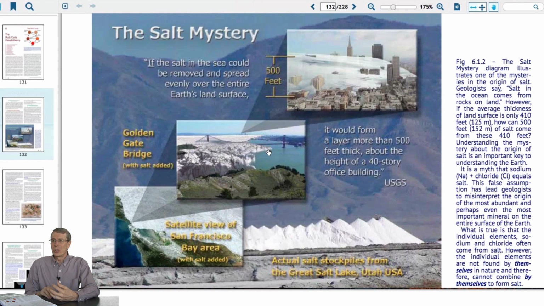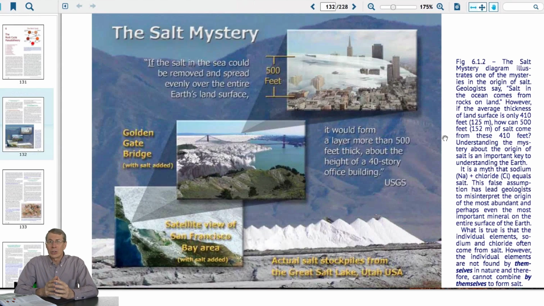This really comes into better perspective when we see that the average thickness of the land surface is only 410 feet, that's 125 meters. How can 500 feet, 152 meters, of salt come from these 410 feet?